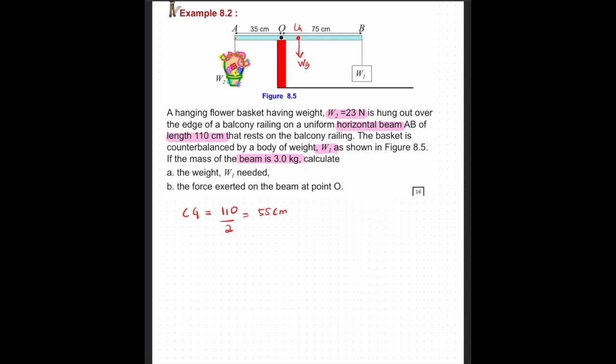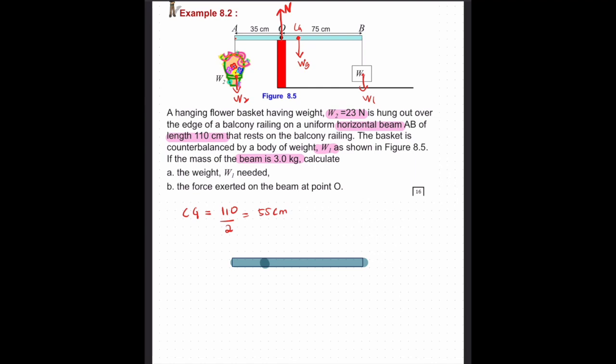WB. To find weight W1, next what we need to do is sketch the simple forces exerted on this diagram. Then we have here weight 1, weight 2, and the beam touches the balcony railing, which means that here we have the normal force.